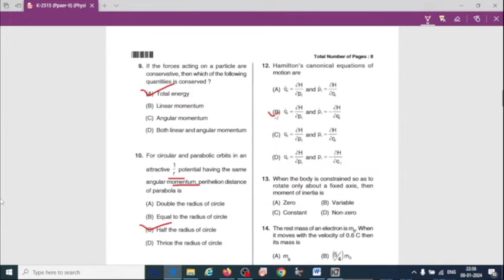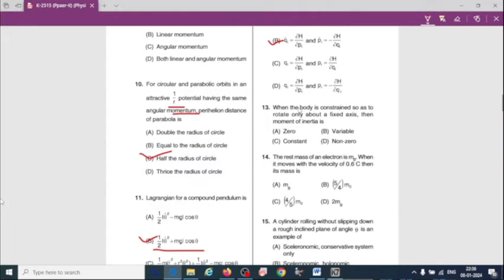So these equations are important. Many times they have asked, when the body is constrained so as to rotate only about a fixed axis, then moment of inertia is, option C, that is going to be constant.